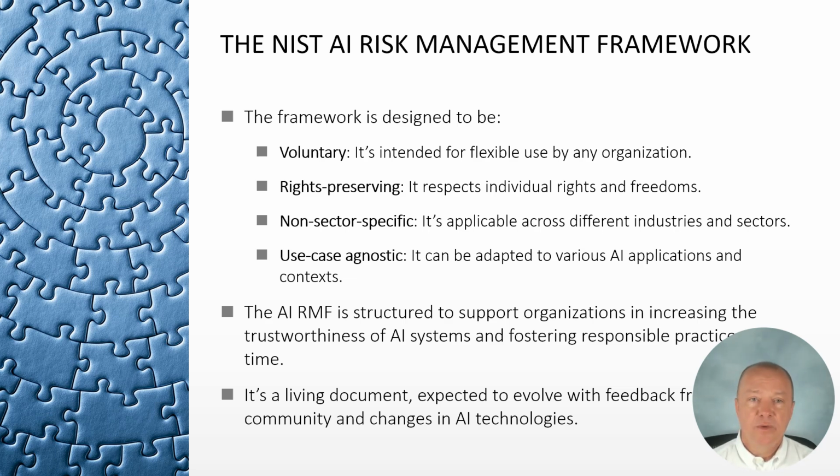So the AI risk management framework is structured to support organizations in increasing the trustworthiness of AI systems and fostering responsible practices over time. And over time means that it's a living document. This is expected to evolve with feedback from the AI community and changes in AI technologies that are developing very, very quickly.